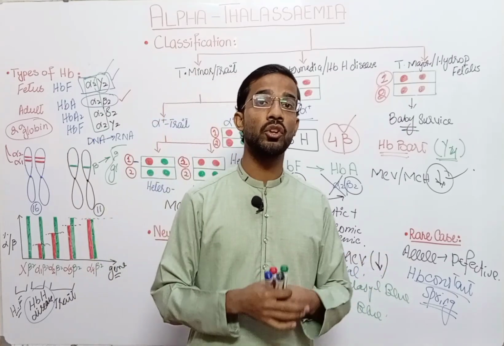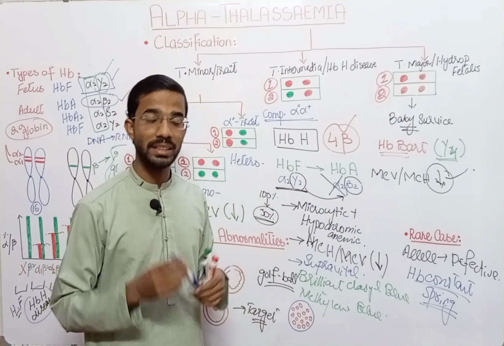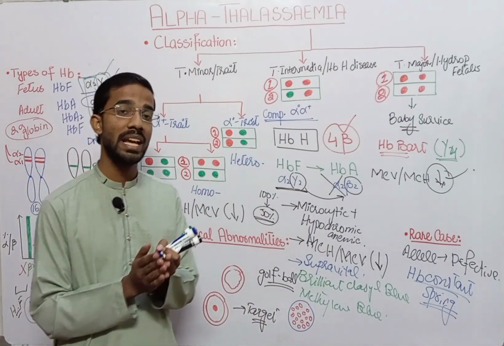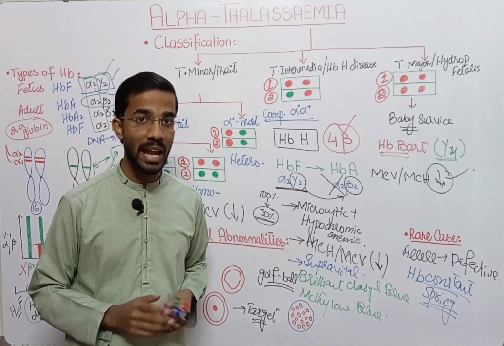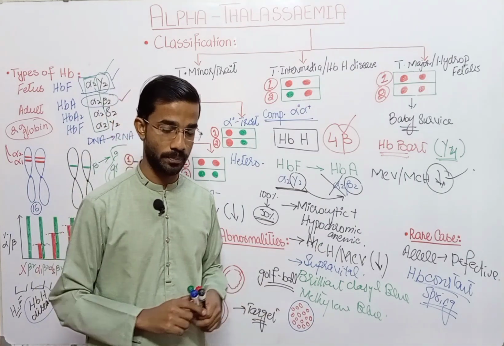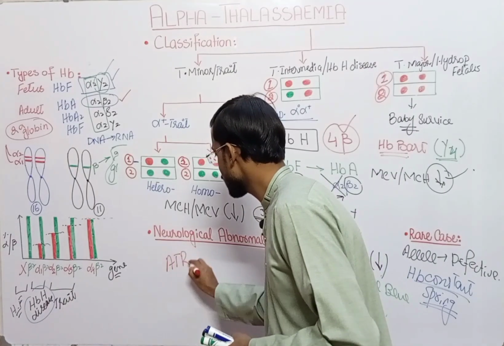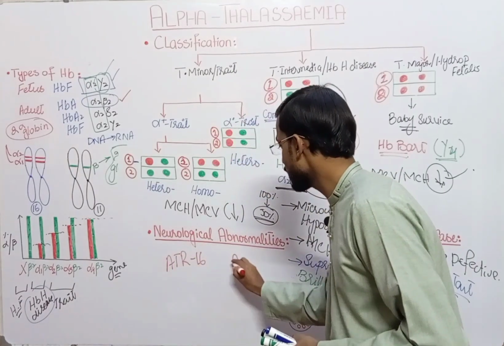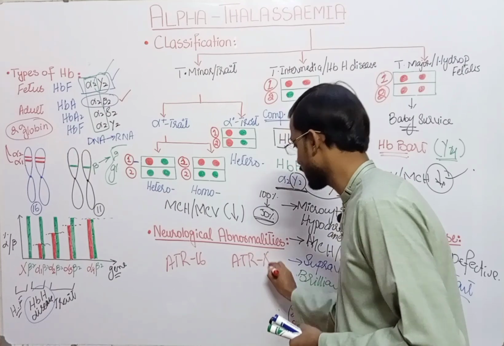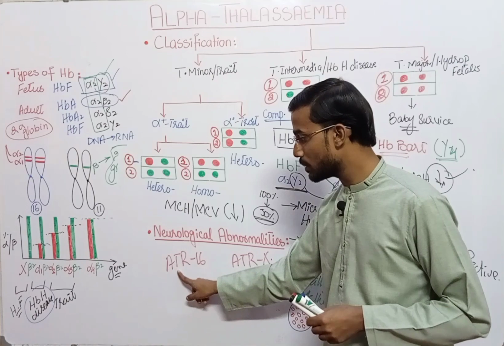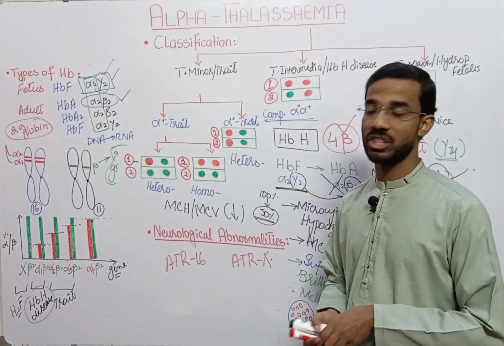And last are the neurological abnormalities. In thalassemia, you will also see neurological abnormalities in which the intellectual level of the individual is lost. First one is ATR-16 and second one is ATR-X. Alpha-thalassaemia mental retardation syndrome.